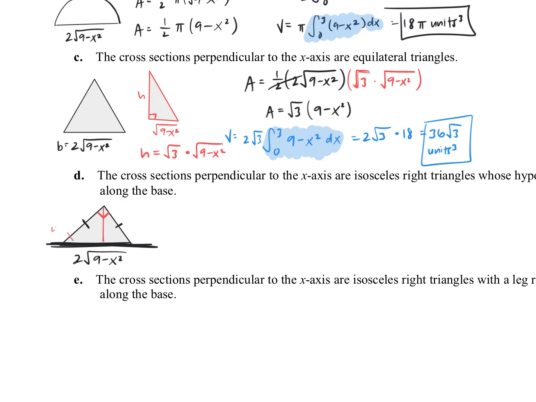Which means that these would both be 45. So then if I think about drawing a smaller right triangle here to find my height, this would actually just be the square root of 9 minus x squared, right? Which means what would my height be here of that triangle?